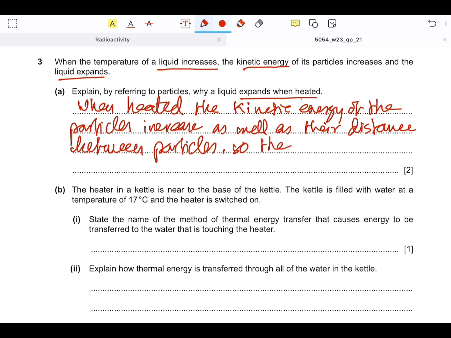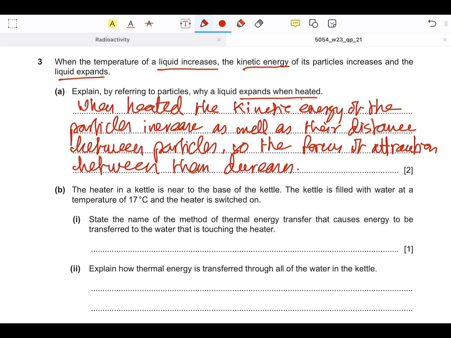So the forces of attraction between the particles decrease and they expand.